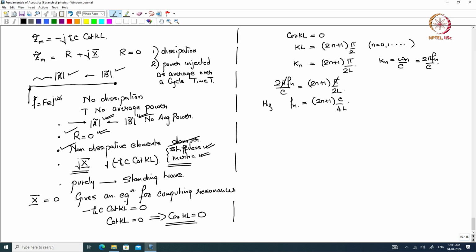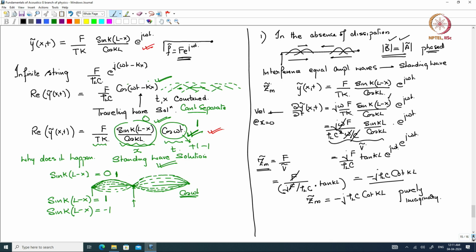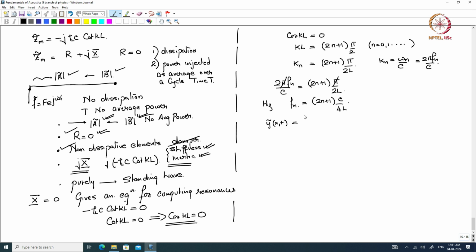Okay. Now, you remember the response y tilde x comma t is, let us see, f by tk, f by tk sin kl minus x by cos kl e to the power j omega t, and so when cos kl goes to 0, y tilde blows up, goes to infinity.